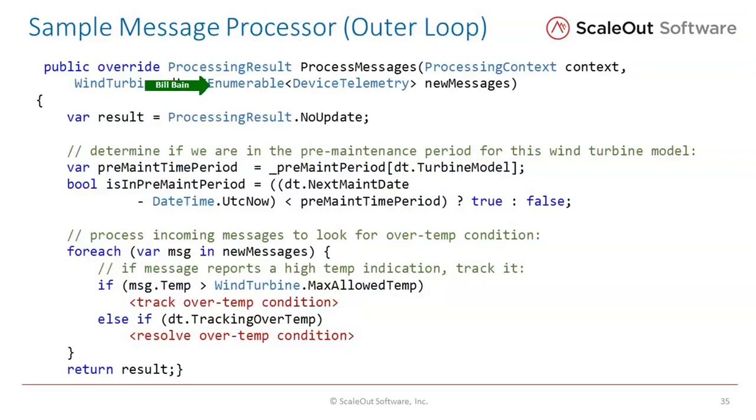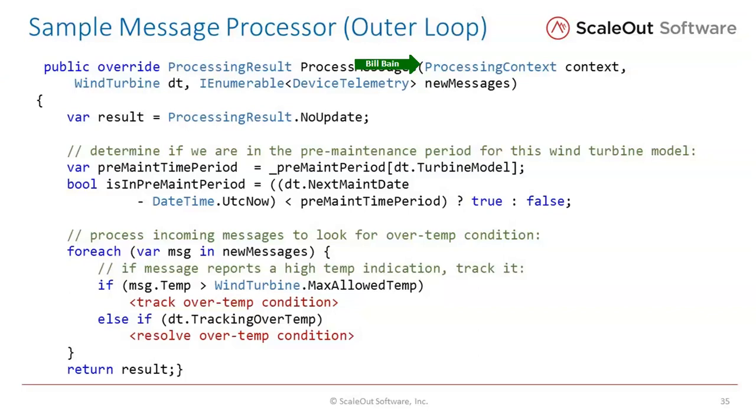So we want to be able to handle a group of messages at one time. There's also this thing called a processing context, but we can ignore that. That simply provides us with additional information we might want to make use of for tracking the behavior of the data source.